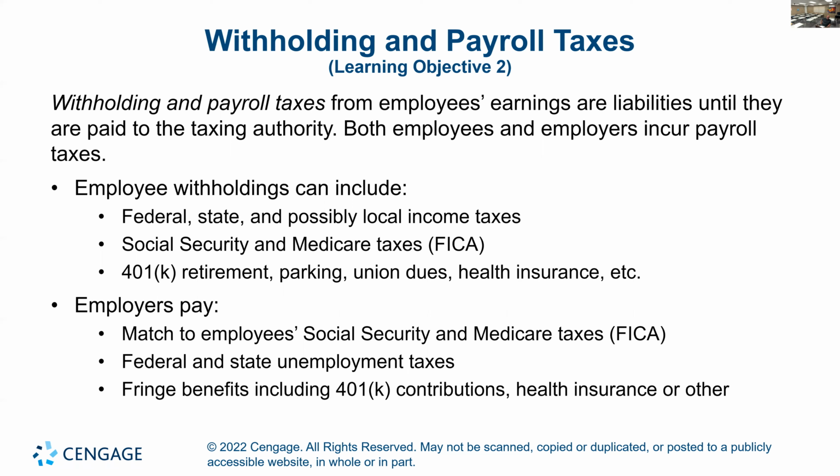We are just withholding it as an employer out of the employee's paycheck and then paying it to the proper jurisdiction. In the same way, Social Security and Medicare are withheld from an employee's pay and paid out to the federal government. And there's other things that could be coming out of the employee's paycheck, such as retirement, parking, union dues. Okay, everything we give to the employee gets expensed, even if they don't receive the cash for it, even if we withhold it, as you're going to see.